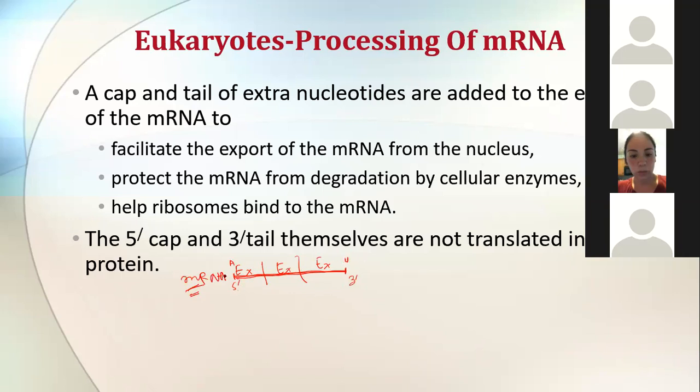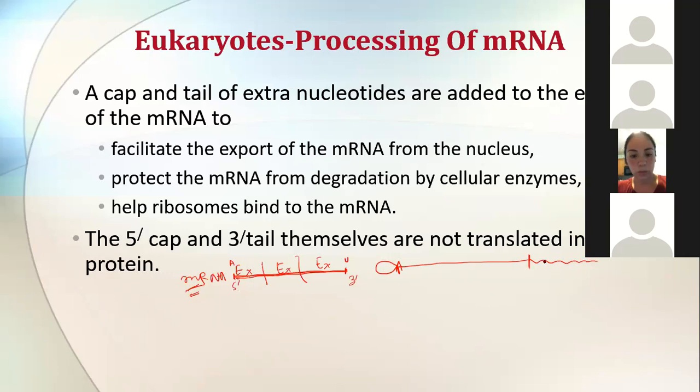We really need to protect everything, from the first sequence to the last sequence. So what the cell actually does is add a head with the first nucleotide, and add a tail at the end of the last nucleotide.